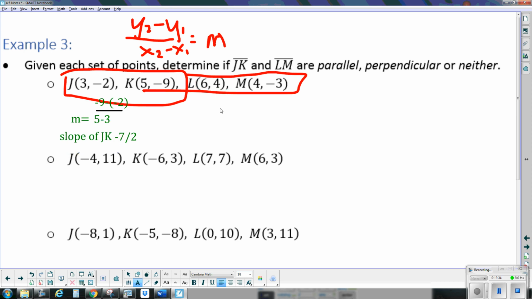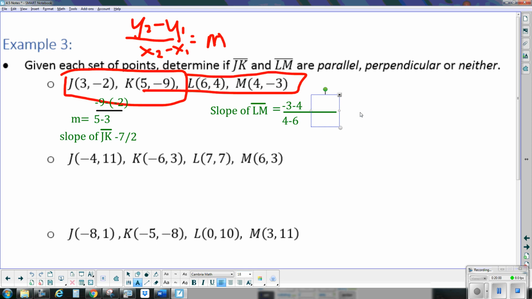So now let's find the slope of LM. The slope of LM would be y2, which is -3, minus y1, which is 4, divided by x2, which is 4, minus x1, which is 6.